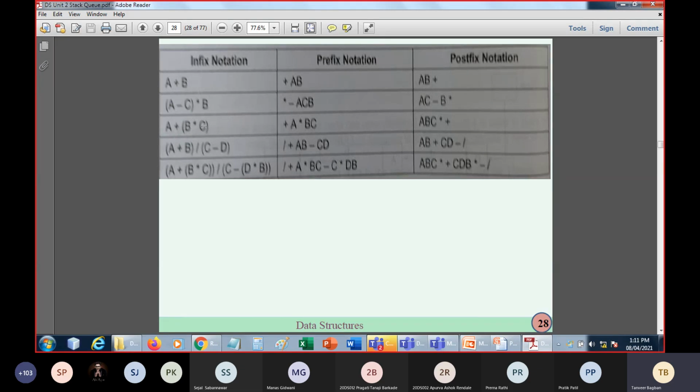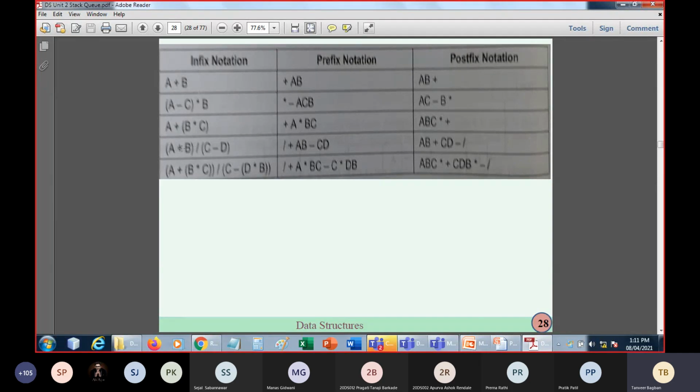So in this case multiplication is coming out, so it is going to be multiplication BC, and this plus, so plus will come out. So plus A multiplication BC. Similarly, in this case, first the bracket expressions are converted into prefix notation, and then the remaining operator is taken out.